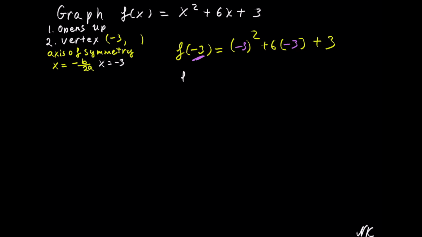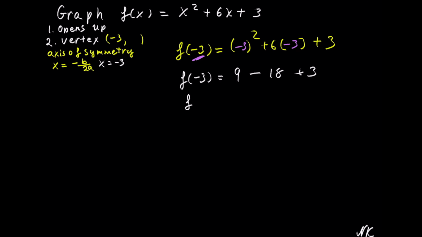So we have f of negative 3 is equal to negative 3 squared plus 6 times negative 3 plus 3. Negative 3 squared is negative 3 times negative 3, which is positive 9. Plus 6 times negative 3: positive times negative gives us minus, 6 times 3 is 18, plus 3.